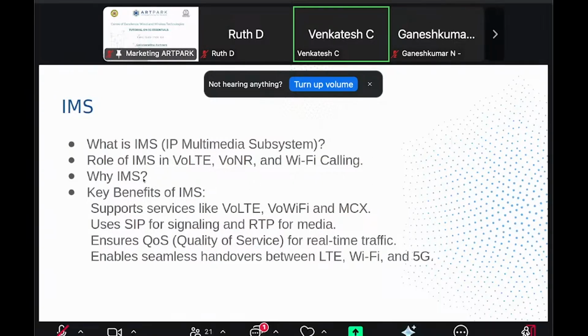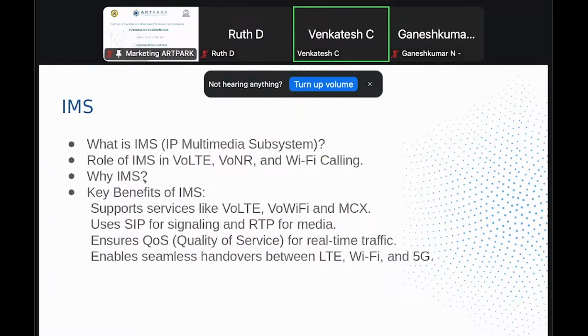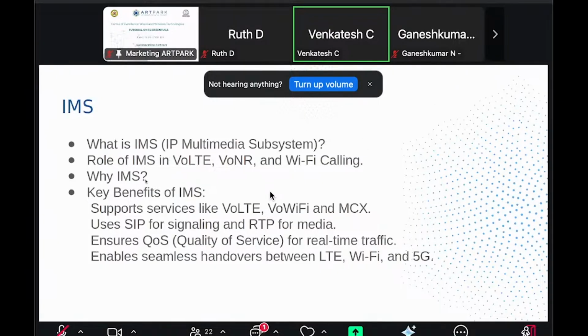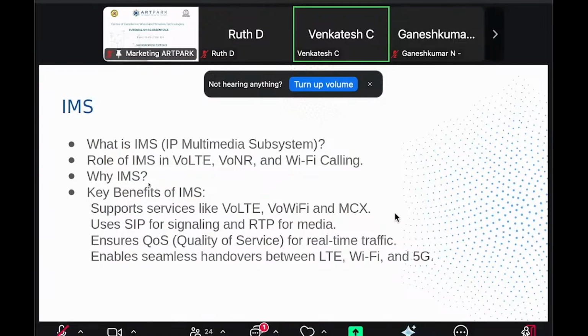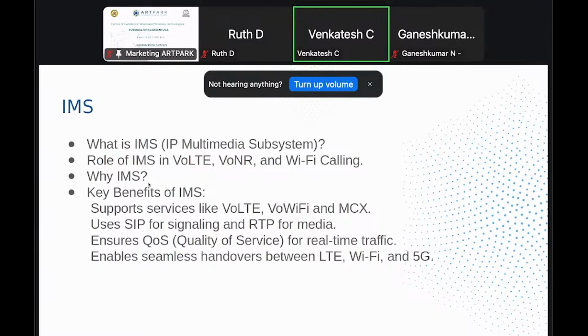Then why is IMS needed? With the move to 4G and 5G, everything shifted to IP-based communication, including voice calls. IMS ensures that voice services remain available in all IP networks. Some of the key reasons IMS is important: it eliminates the need for a legacy circuit switched voice network, and it unifies voice, video, and messaging services over IP.